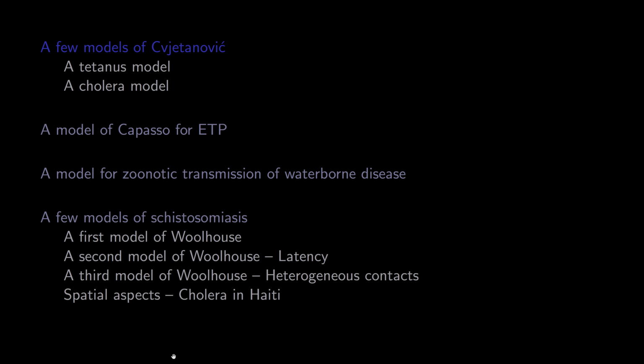Then I will show you a little model for the zoonotic transmission of a waterborne disease. By zoonotic, I mean that it will involve both humans and an animal species.